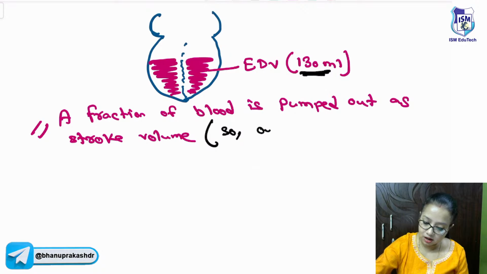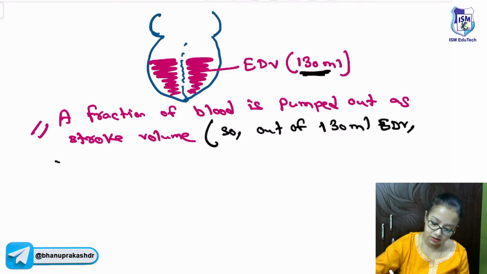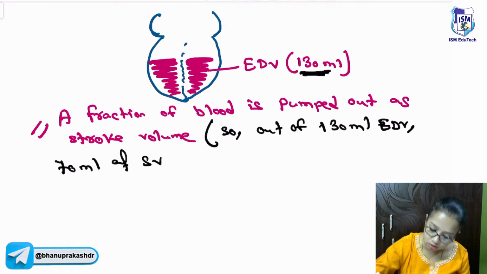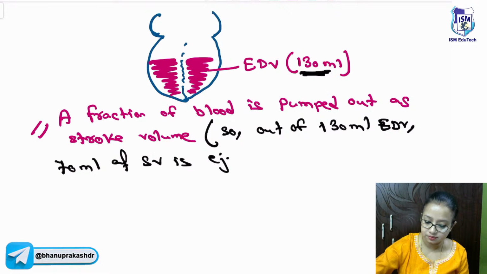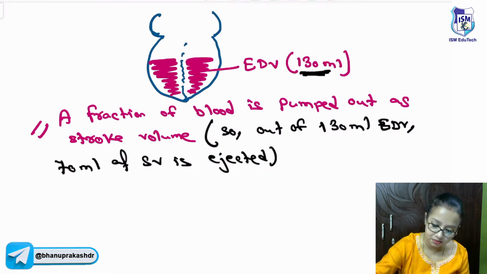So out of 130 ml end diastolic volume, say 70 ml of stroke volume is ejected, right? Per beat. Let me mention the per beat, it will be easy to remember.